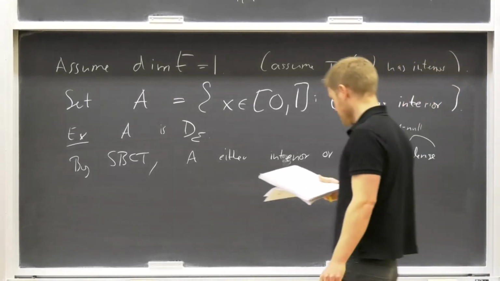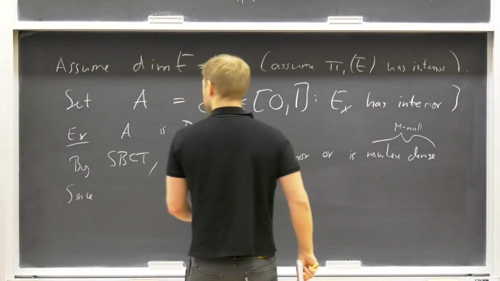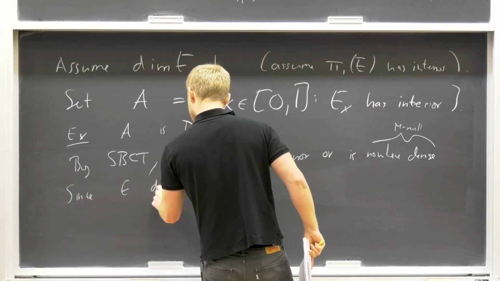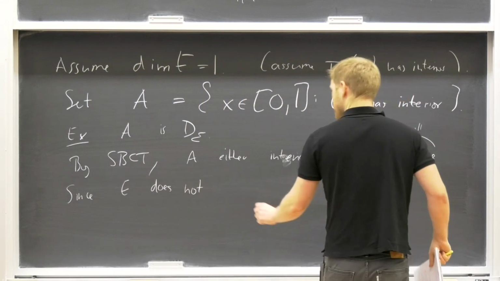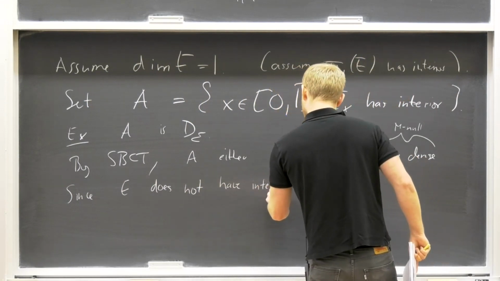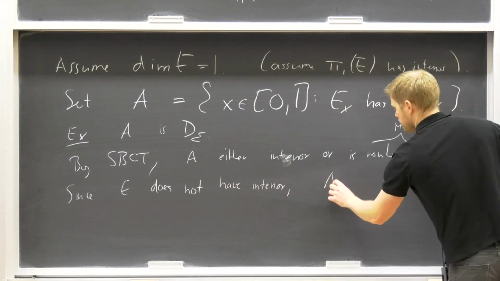So that then means that since E does not have interior, A is Minkowski null.